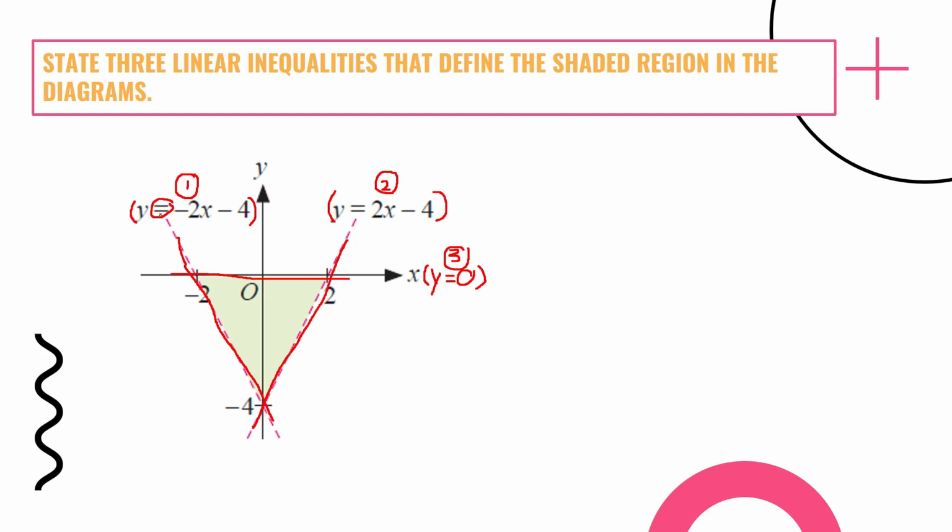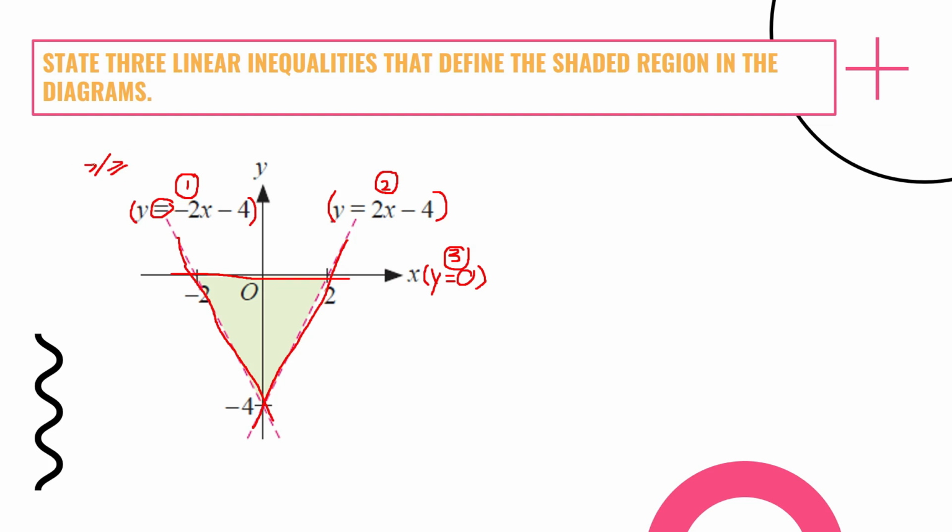But what sign do we use? We look at the shaded region. For the first equation, the shaded region is above the line. Above, atas. So the sign that we use is either higher than or equal. We need to choose which one.